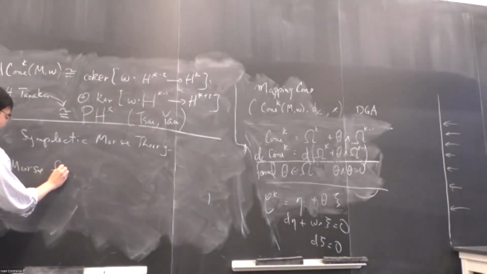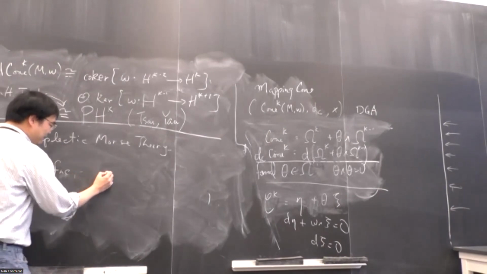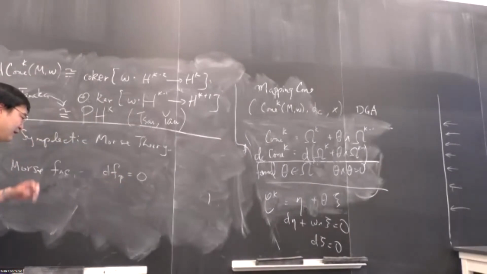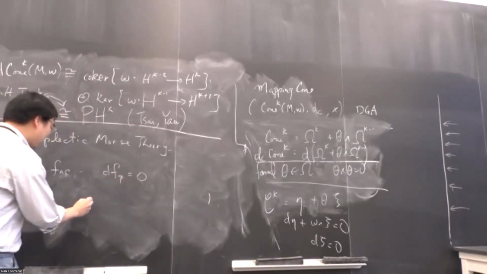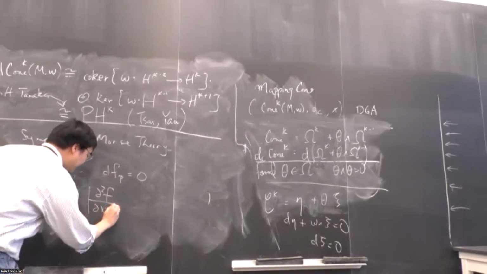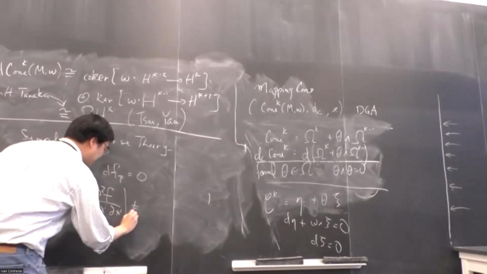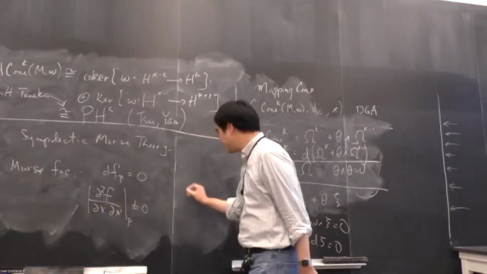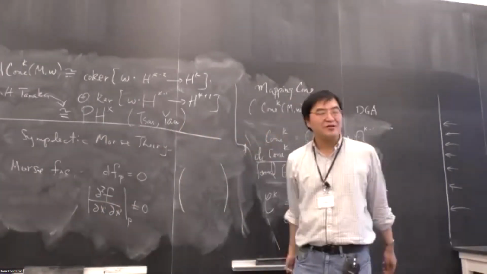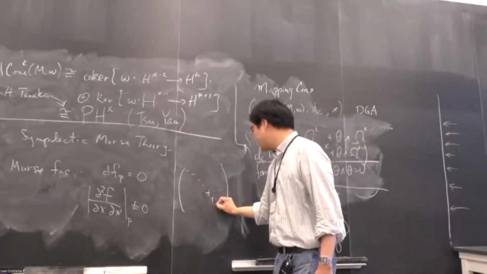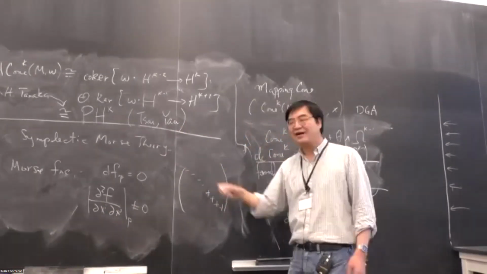And Morse functions are special in the sense that the critical points, so P is critical, are non-degenerate, which means that you have a non-degeneracy. In some sense, at P, this is a non-zero determinant. Because it's non-degenerate, the Hessian matrix has non-zero eigenvalues. So they're some combination of positive eigenvalues and negative eigenvalues.